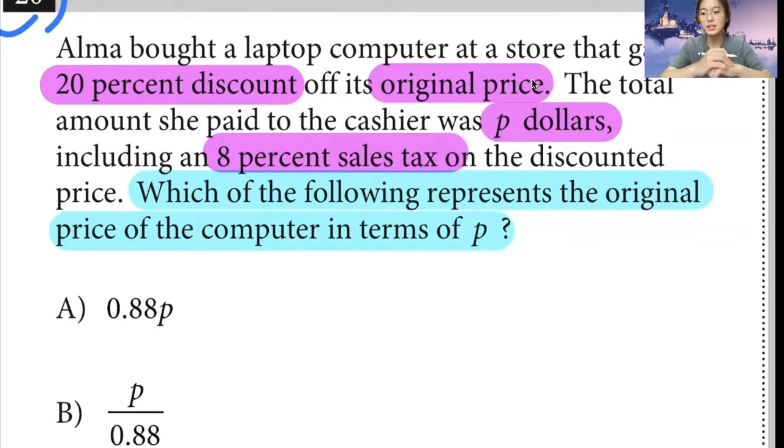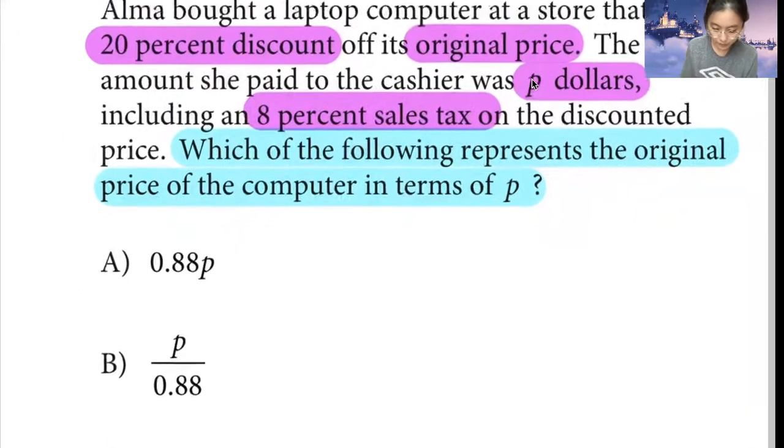It's kind of like something you don't want because it's tax. Like how Japan changed their taxes from 8% to 10%, kind of like that. That's a tax that adds on to your total. So it's 8%. So let's start expressing this, right?